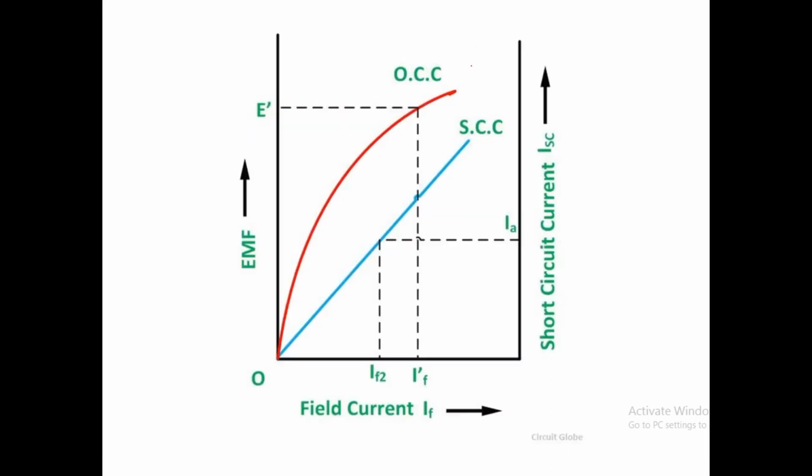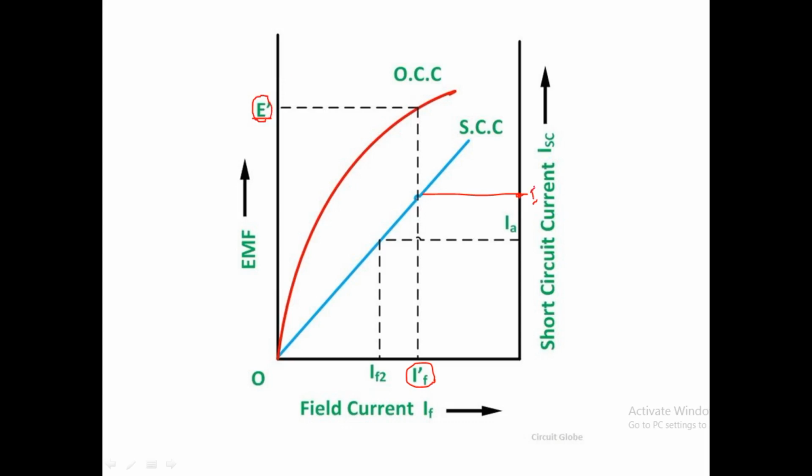Now these are the OC and SC characteristics we have drawn. Earlier we discussed some parts of this in the synchronous impedance method. There, we considered a voltage E dash, found the corresponding field current IF, then found the short circuit current ISC corresponding to this IF, and took the ratio of this voltage and the short circuit current.